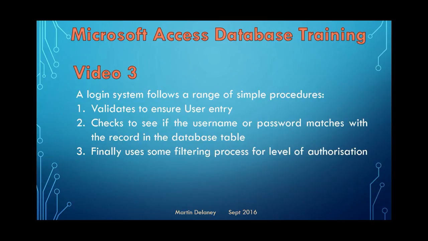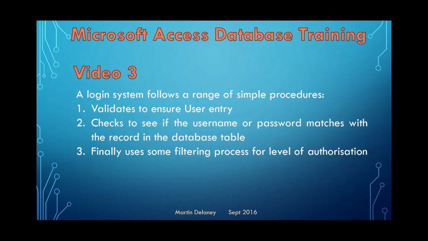We're going to use this simple double check, which is basically it checks the username and password in the SQL code, reading off the back end table, and if it returns one record, it'll allow us to proceed to the next stage. And the next stage that we're going to have is basically a filtering process which checks the level of authorization for the logged in person.